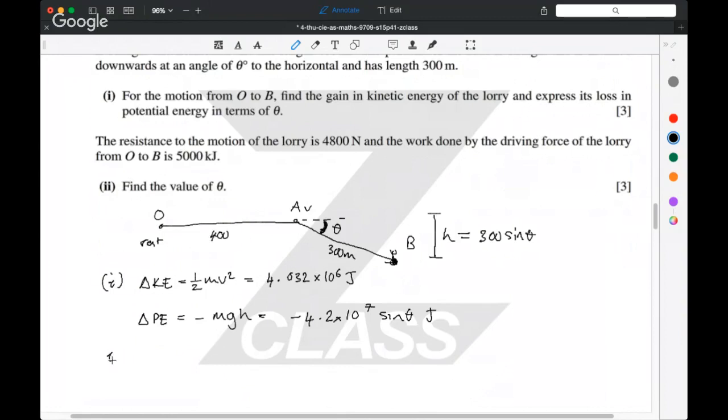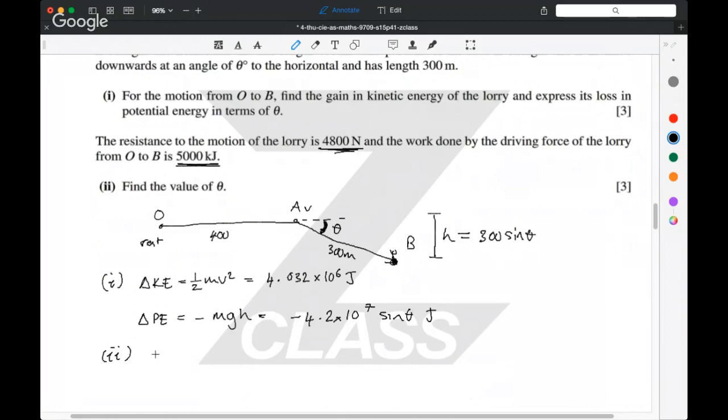So now we're going to use these facts and evaluate them against the resistance to motion. We're told that there's this much resistance to motion, this much force acting against the lorry, and that the work done by the engine is 5,000 kilojoules. So all of that work has gone into fighting the force of friction, and so we can balance this.